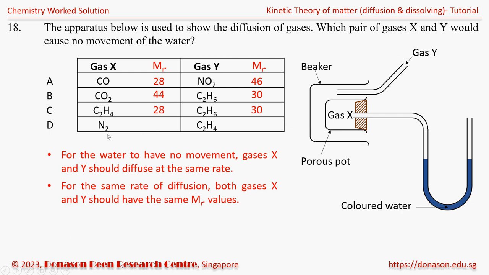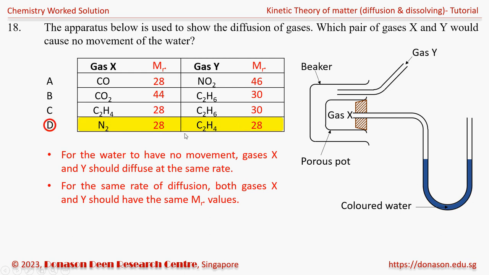Let's go on to nitrogen and check option D. Each nitrogen is 14, so 2 nitrogen has a total MR value of 28, whereas C2H4, 2 carbon, 2 times 12 is 24, plus another 4, gives us 28.